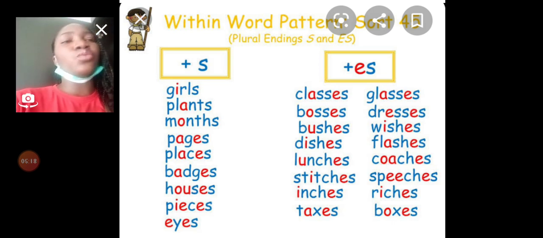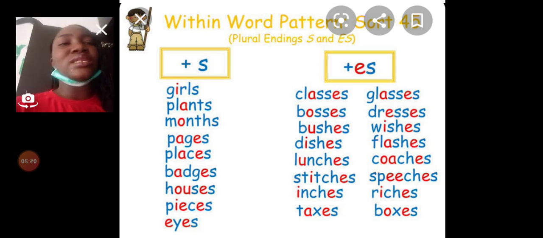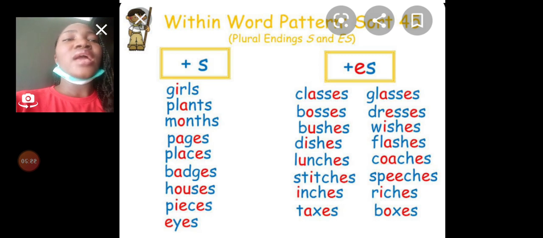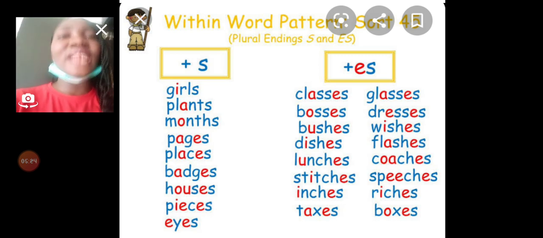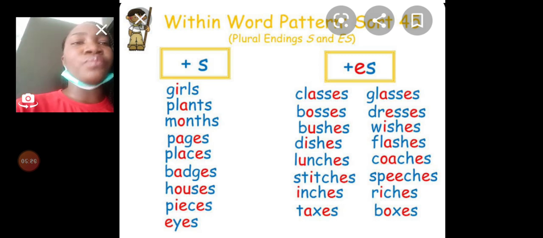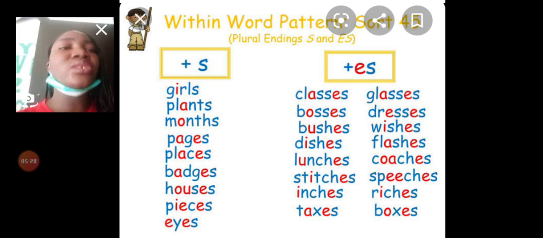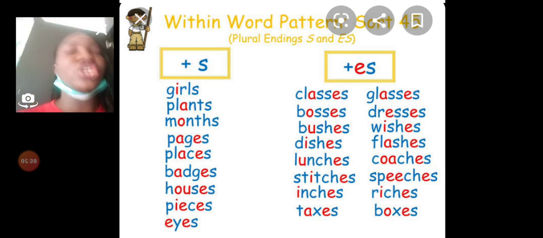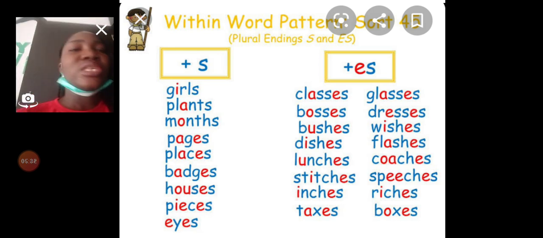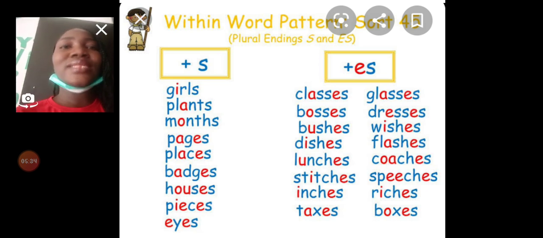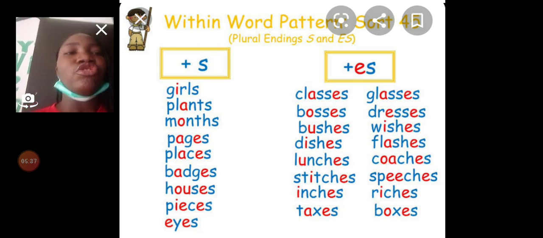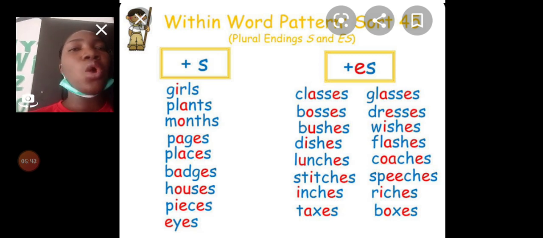Then now look at the examples at your right hand side. You see, class ends with S, so we add ES to it to form the plural form, which is classes, buses, bushes, dishes, lunches, stitches, inches, taxes, glasses, dresses, wishes, flashes, coaches, speeches, riches, and what?